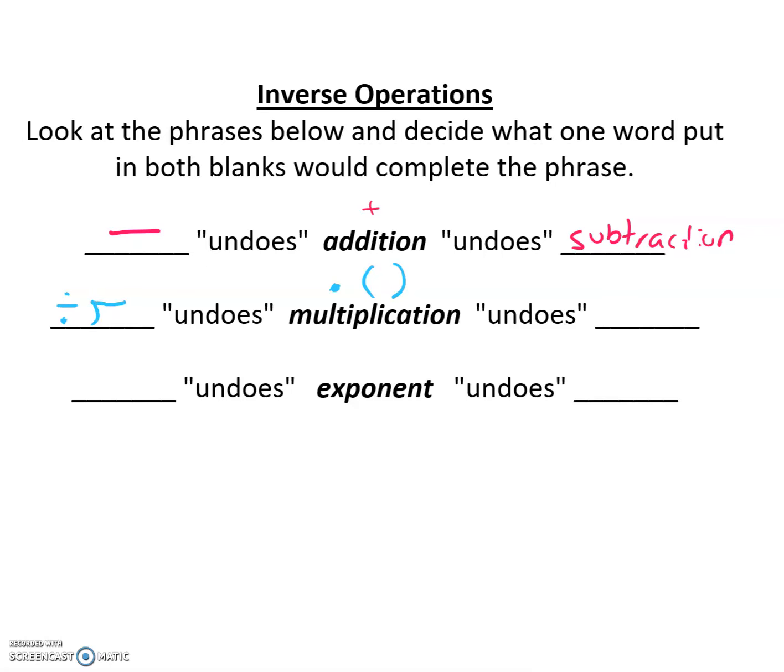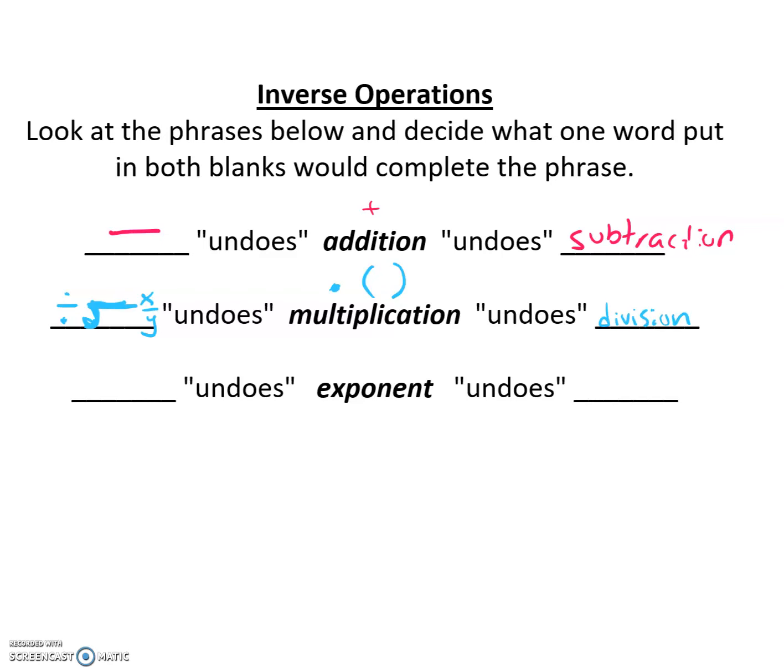We have our long division symbol. Notice this is curly. It's not squared or has any kind of angle. It's circular. All right. What's the last one that we could use? The last one we can use is a fraction. A fraction is another way of writing division. Okay. So division undoes multiplication and multiplication undoes division.